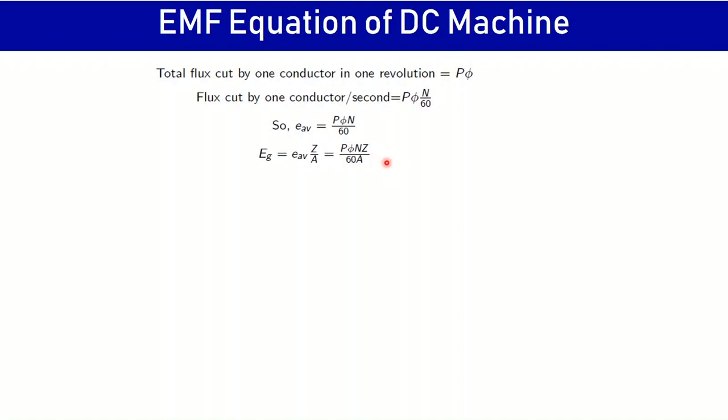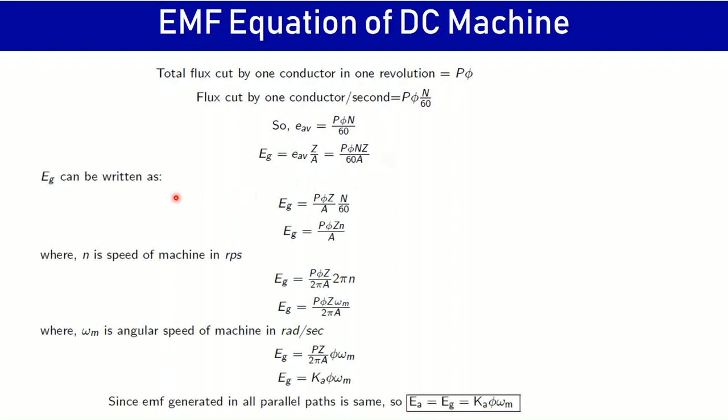Now this can be obtained in terms of speed in other forms. For example, we can take the speed in rotations per second. Then the expression will be P phi Zn by A. We can also use the angular speed, which is omega m, measured in radians per second.